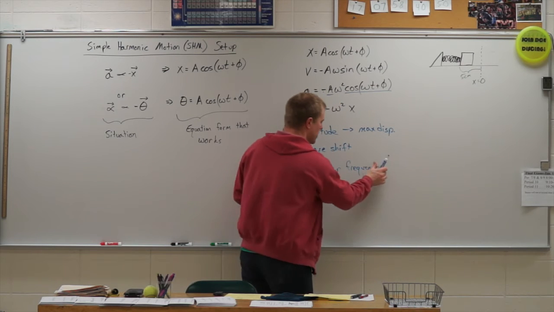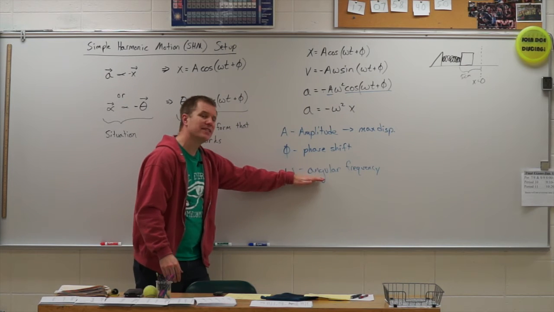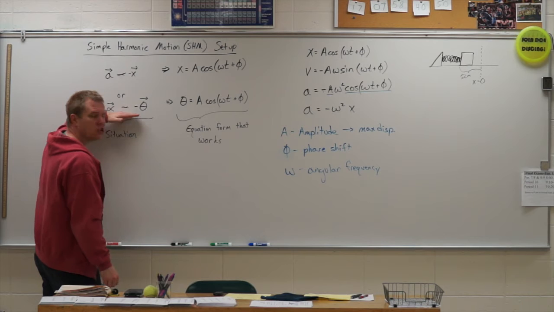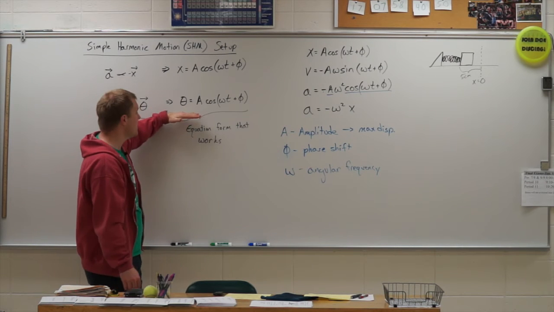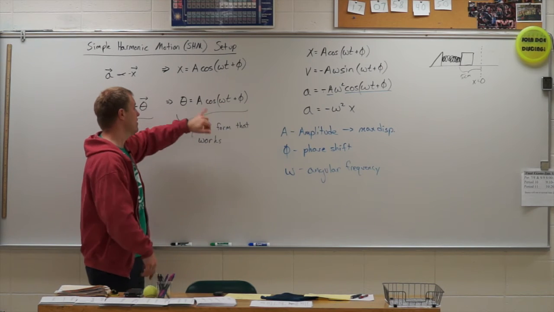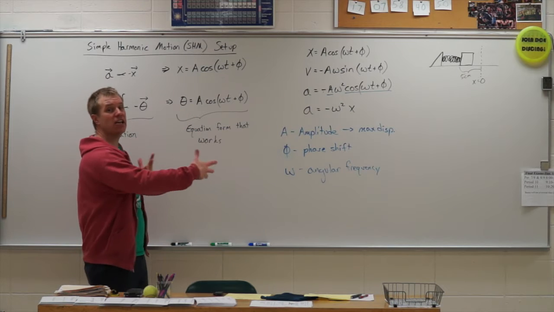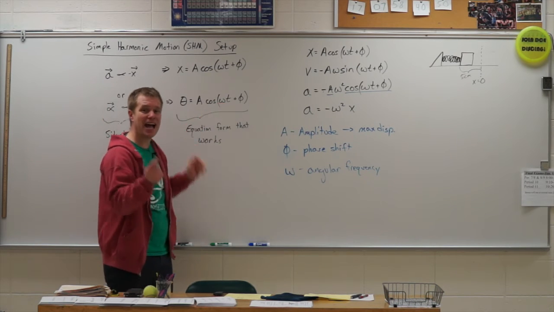Now, something that some people get confused with here is that angular frequency is not the same as angular velocity. So be very careful if you do this in the angular setting that this is omega, angular frequency, not the derivative of this, the angular velocity function. Angular frequency is going to be a constant.